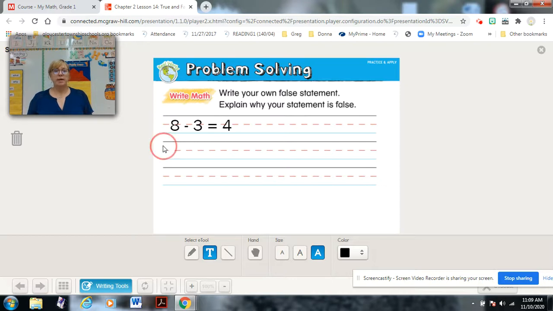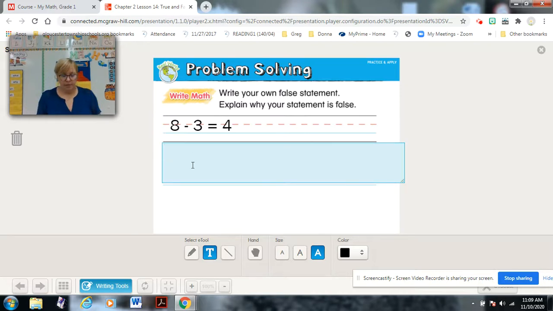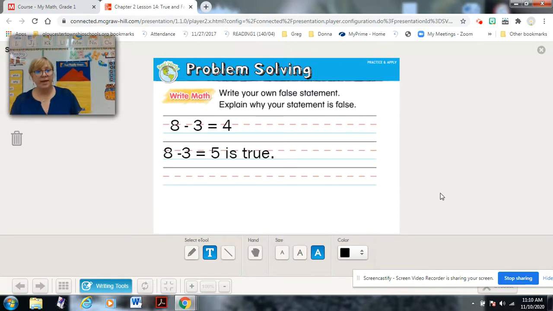Okay, so right here, I'm going to put 8 minus 3 equals 5. And I'm going to put is true. That's why the other one is false, okay?